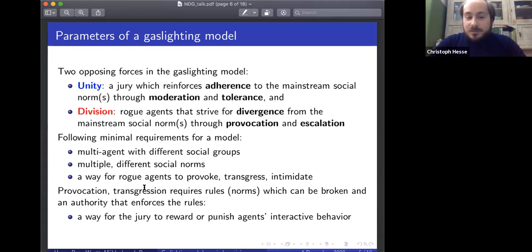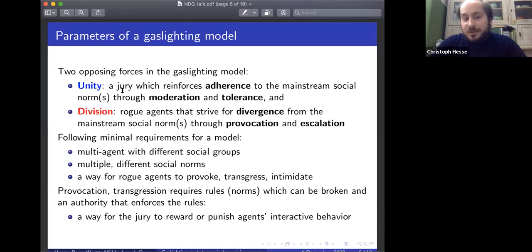And in order to go against the mainstream, to provoke, to transgress, requires rules or those set norms. And there needs to be a way to break these rules. And then we need an authority that usually tries to reinforce the rules.